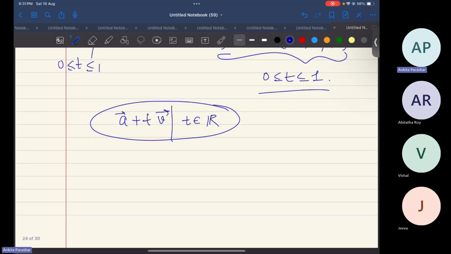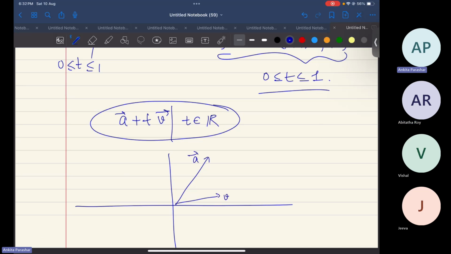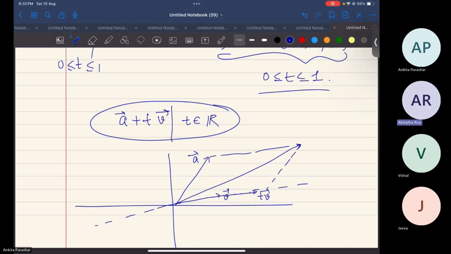Let me draw it once again. I think then you will be able to see. This is my vector A, this is my vector B. TV is certainly somewhere on this vector, here or here. We use this thing while finding the directional derivative, while deriving the formula.